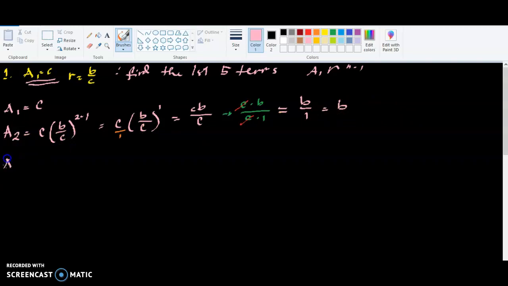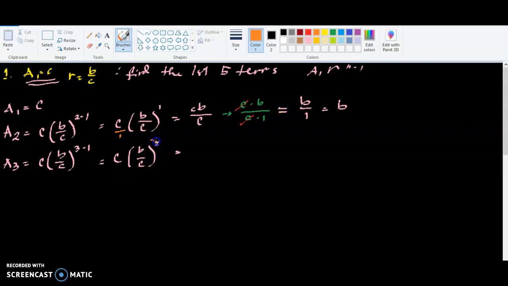Next, let's have our third term. For the third term, we have C times B over C raised to 3 minus 1. So, that is C times B over C raised to 2. Okay. Again, balikan natin yung rule ng or law of exponent. If we are raising a number to a power, we are multiplying that to itself 2 times.